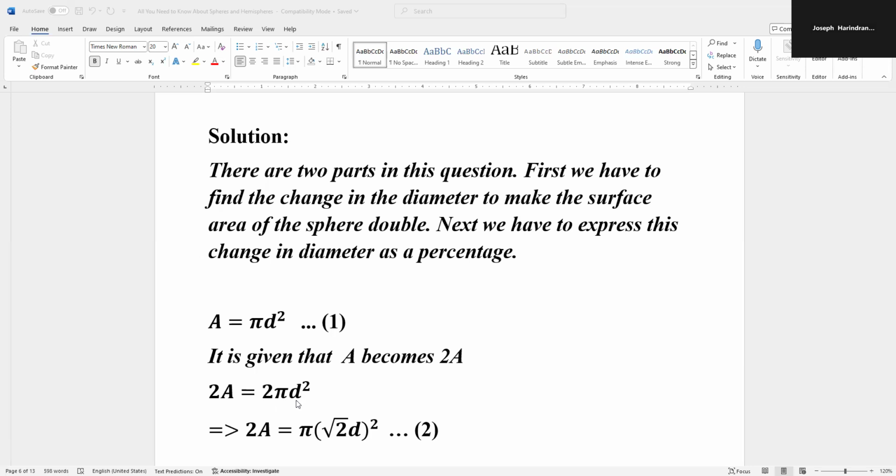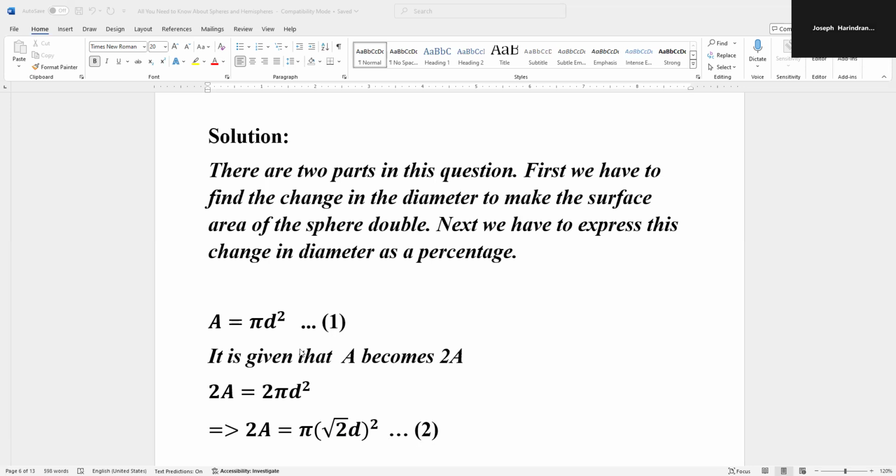We have been asked to find out how much the diameter changes so that the surface area of the sphere becomes double, 2A. So we can write this as root 2d the whole squared. For 2d squared, we should simply take the square root and then square it. So root 2d the whole squared, this is equation number 2.